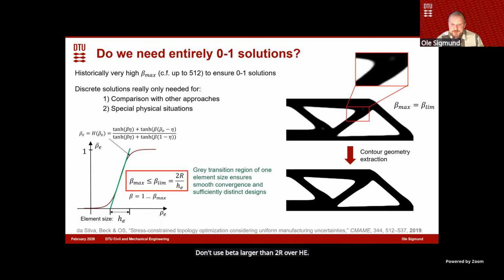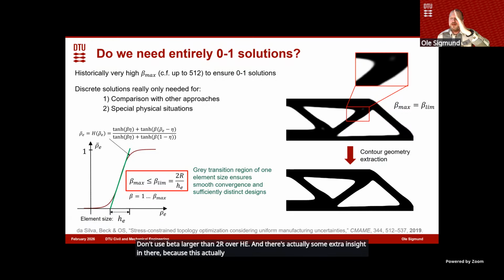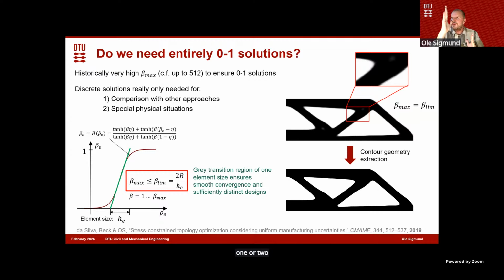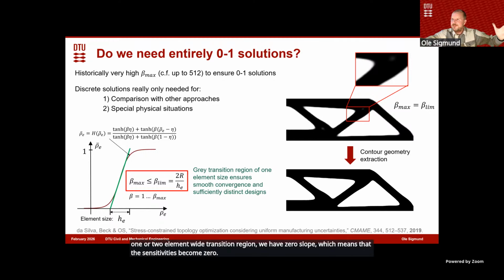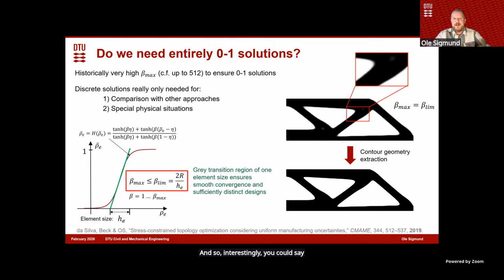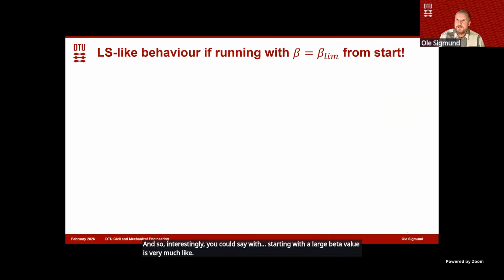And there's actually some extra insight in there, because this gives us a fairly strong projection. Outside this one or two element wide transition region, we have zero slope, which means that the sensitivities become zero. So interestingly, you could say starting with a large beta value is very much like running a level set method.